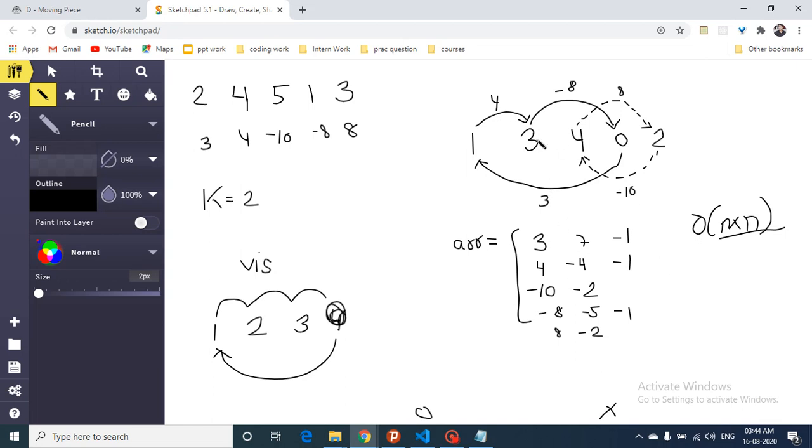So this is the prefix sum starting at this, so it will be 4, because if we take this at the start, it will be 4. Then I will do this jump, which is incremented by -8, so 4 minus 8 is -4, and it is again incremented by 3, so -4 plus 3 is equal to -1. Okay, you understand how I'm making these prefix sums for every starting position.